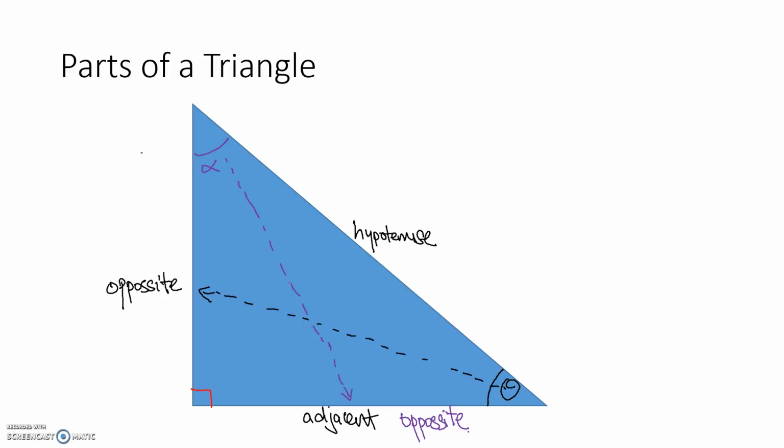So it's important to see which acute angle you are taking reference from. And this would then be the adjacent side to alpha.